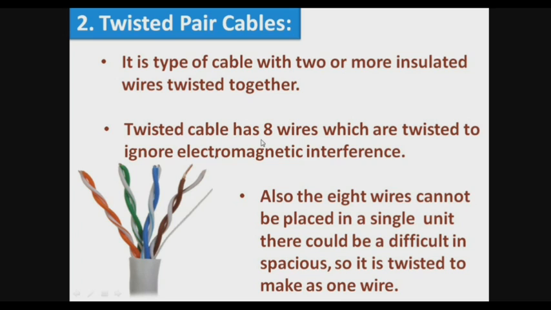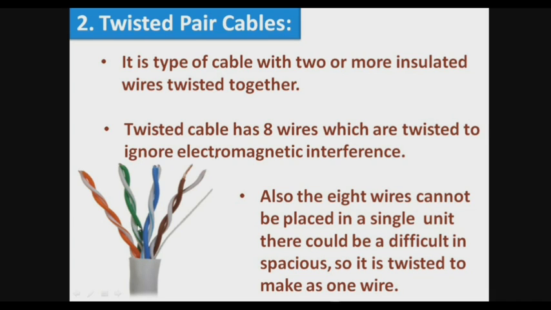Now, 8 wires are used to transmit the data, to increase the data transmission speed. Although the 8 wires cannot be placed in a single unit easily because of limited space, they are twisted to make them as one wire. So, to insert all the 8 wires in a single unit, these wires are twisted together.